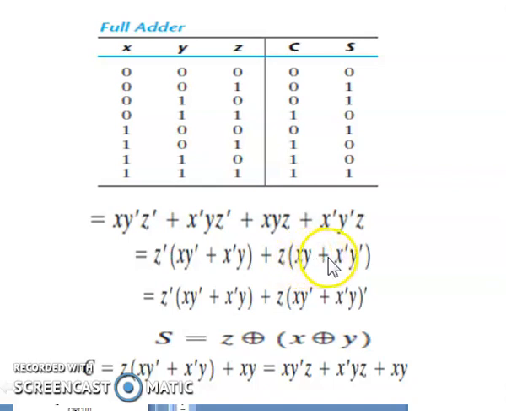So it is xy plus x bar y bar, which can be written as x y bar plus x bar y the whole bar, or the expression for sum becomes z exclusive-OR x exclusive-OR y, which means that we will be able to implement this sum expression by using a 3-input XOR gate or by using two 2-input XOR gates. Similarly, obtain the simplified expression for C.